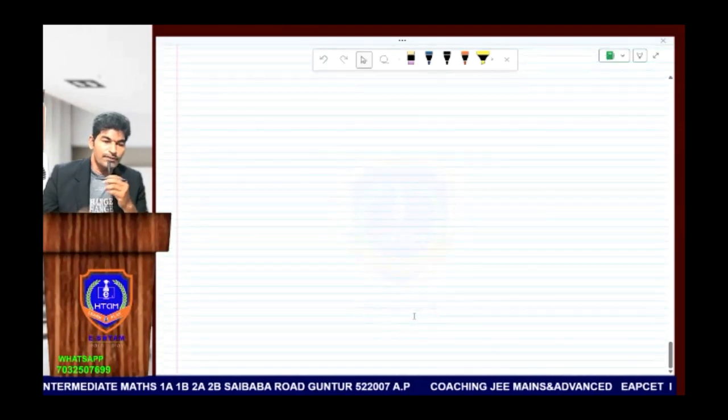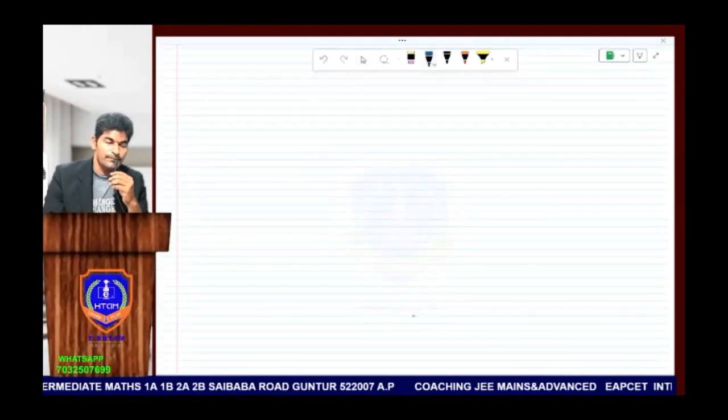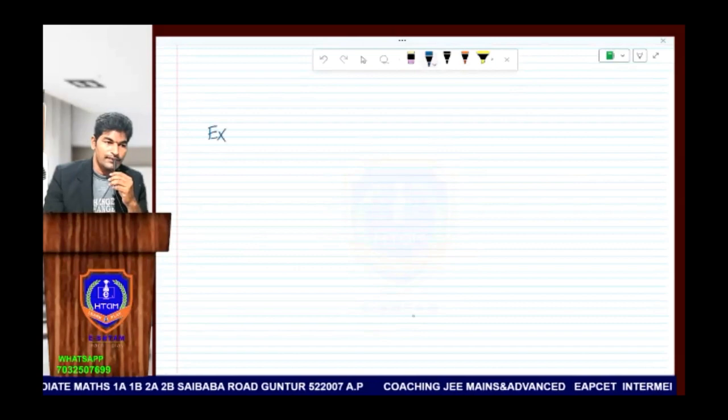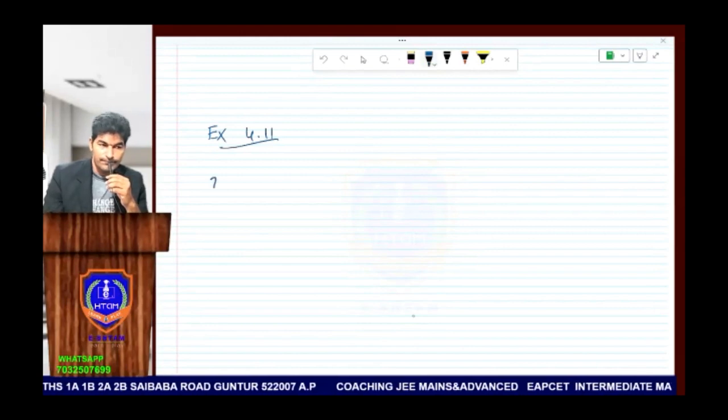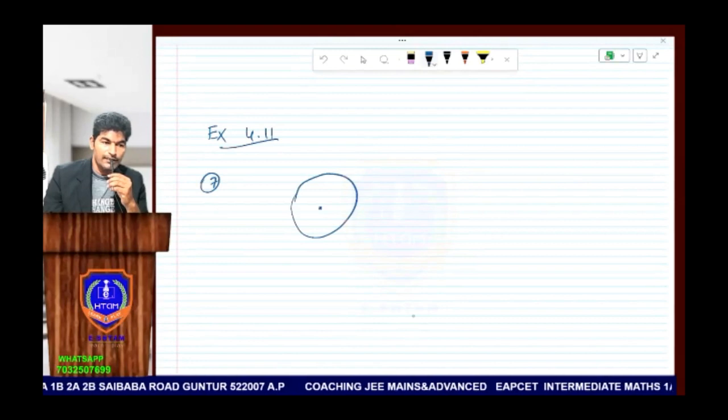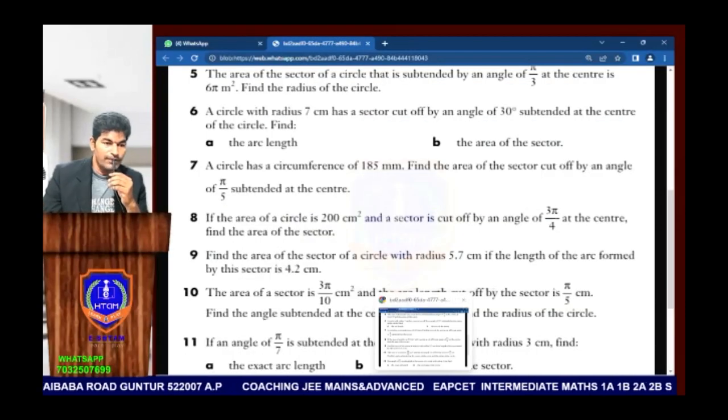So there is a circle, this is exercise 4.11, question number 7. He said there is a circle and it has a circumference, meaning 2 pi r was given to you. How much was it? He said 185 millimeters.